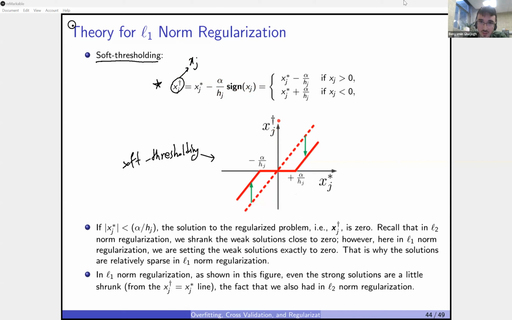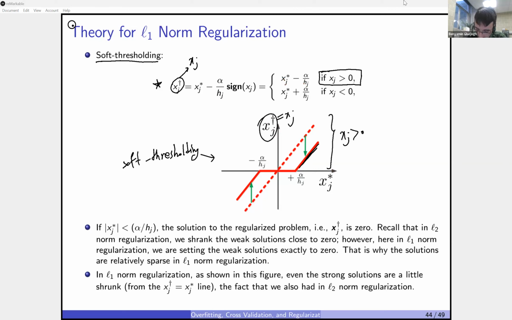Let the y-axis be xj dagger or xj, it doesn't matter. The x-axis is xj star. Now, let's consider the case where xj is greater than 0. Then it will be xj star minus alpha over hj.